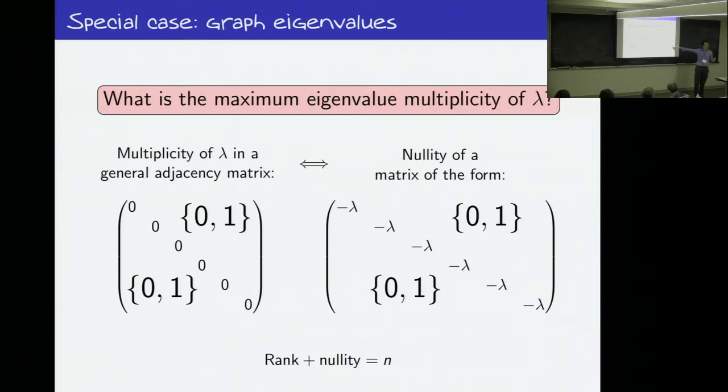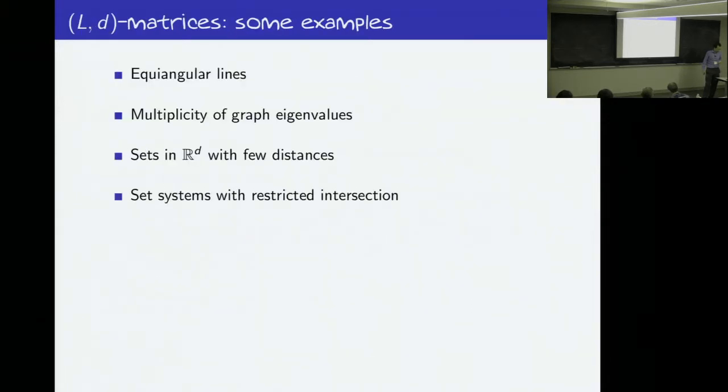So it's this matrix on the right. And by the rank-nullity theorem, I'm really talking about making the rank of this as small as possible. And this falls exactly in the general framework. I can add lambda everywhere, and I'm going to get an L matrix for some set L of two elements. And this is reversible. Okay, so this is another example.